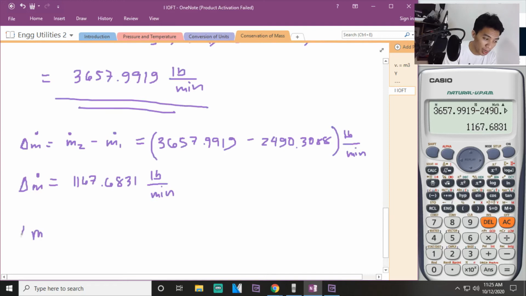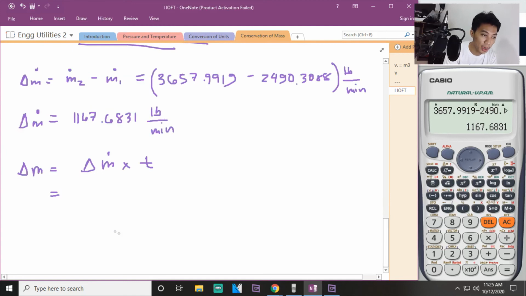So, the mass change is equal to yung mass flow rate change times the given time. Okay? So, 15 minutes na nag-elapse. So, 1167.6831 pound per minute times the time, which is 15 minutes.